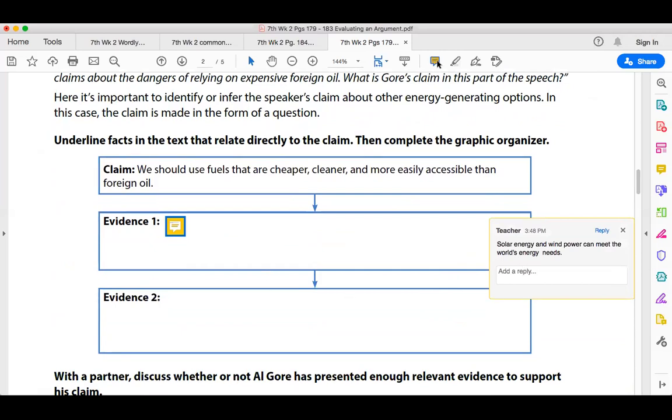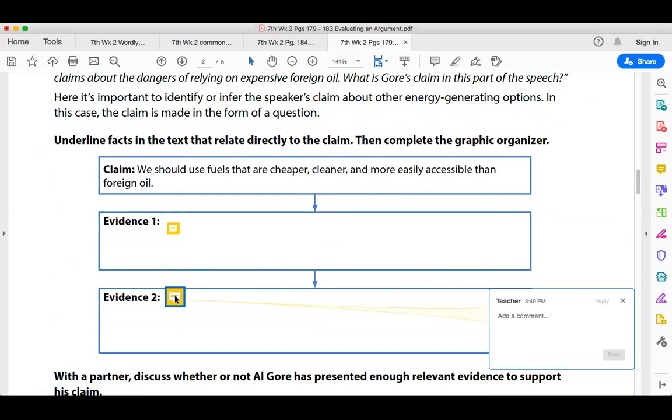Now, if I did that too fast, you can stop it and come right back to it. I'm going to click on the little caption box again. I'm going to go to number 2. And my next one is, I'm going to talk about geothermal energy. Geothermal energy is capable of providing significant amounts of electricity.